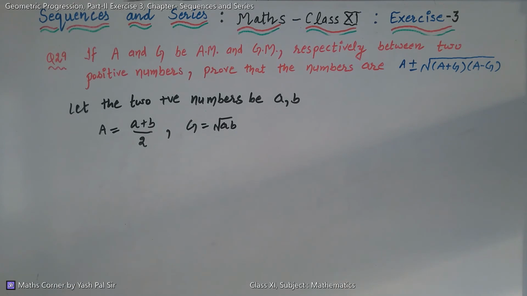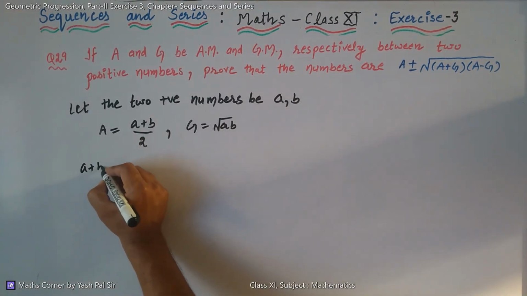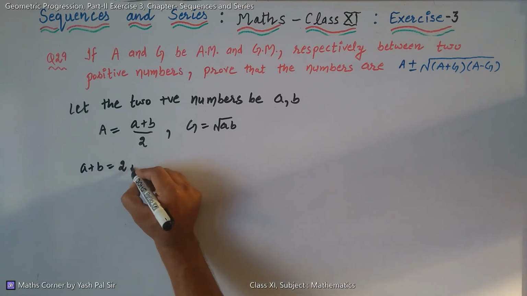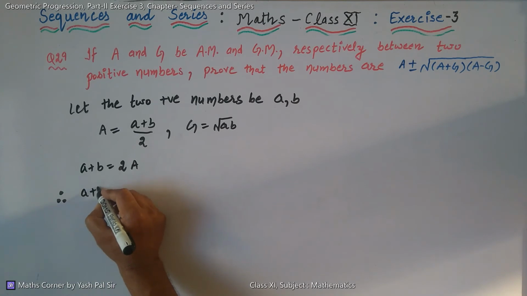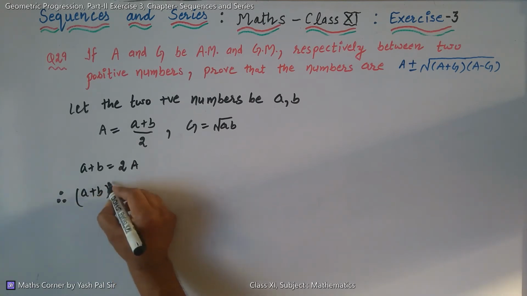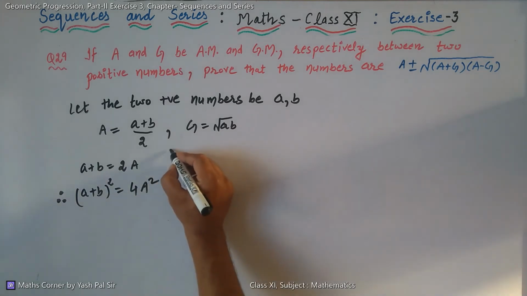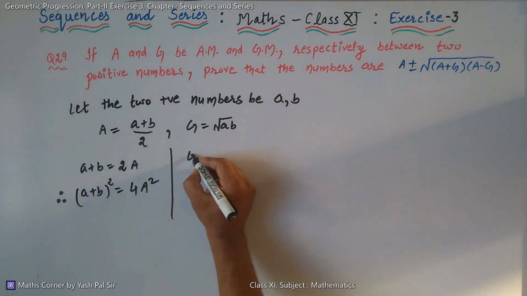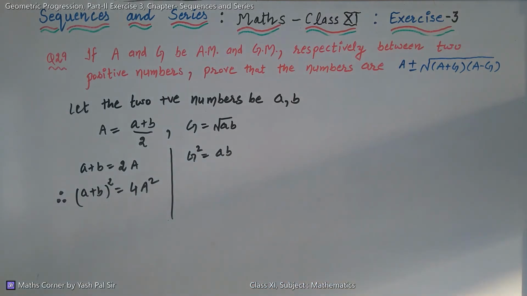Right? Now we can say a plus b is equal to 2 times A. Therefore (a plus b) whole square is equal to 4A square. Likewise G square is equal to ab.